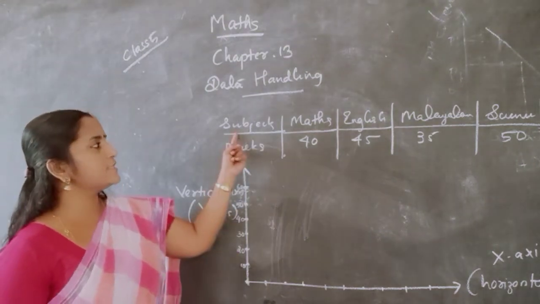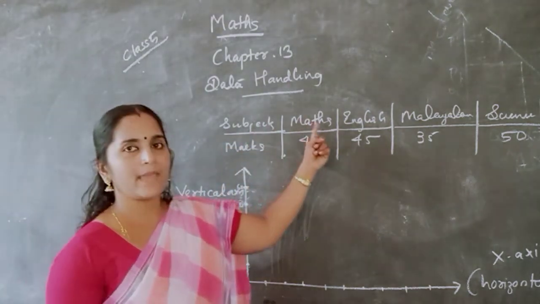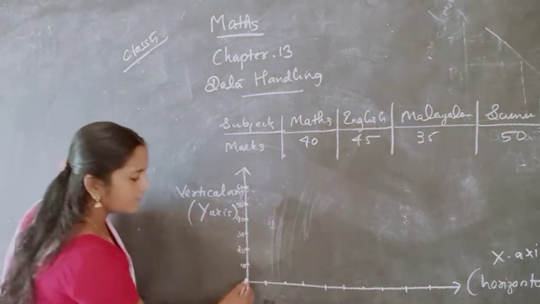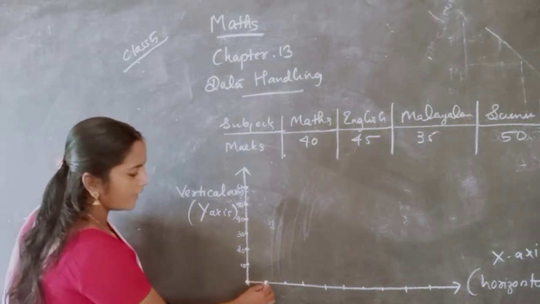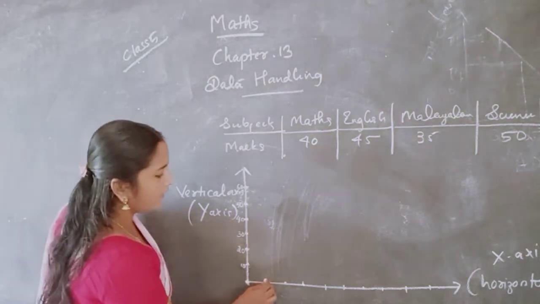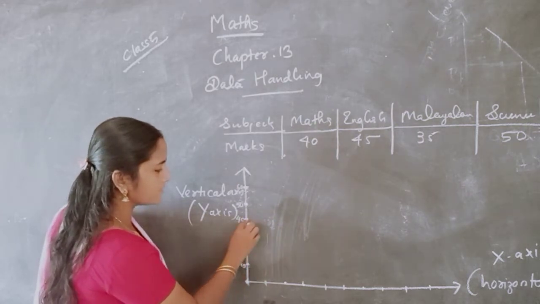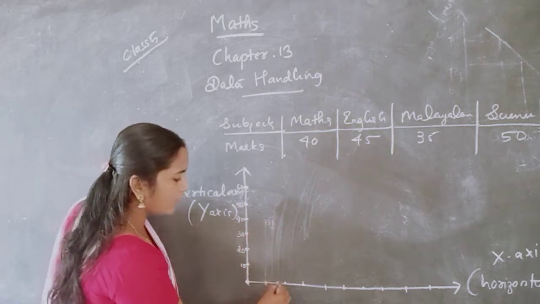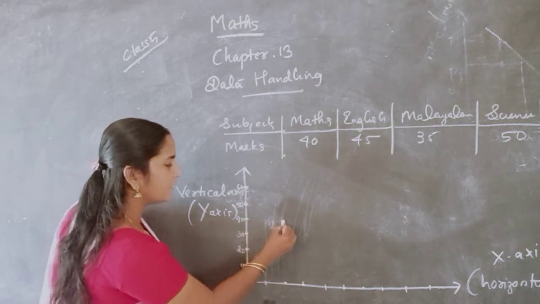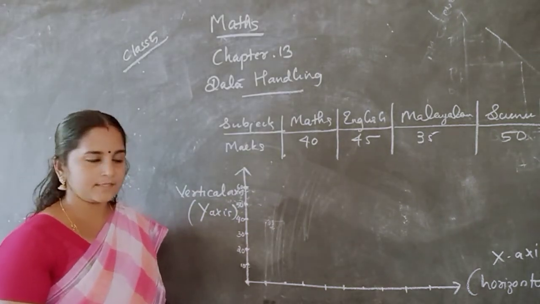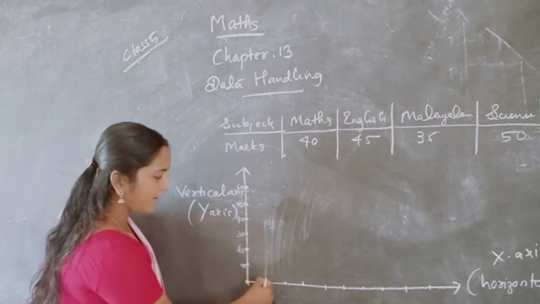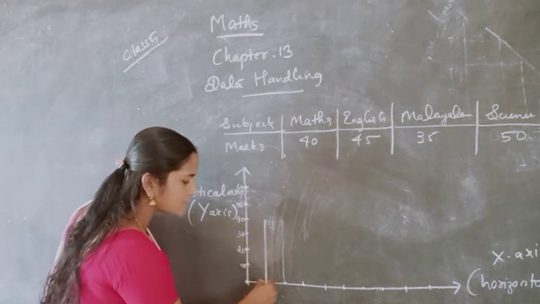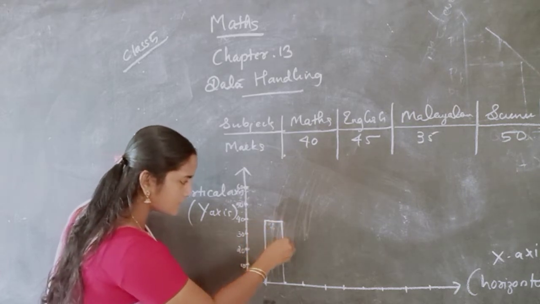The first subject is Maths and his score is 40. So leave 1 centimeter here and, using your scale, draw a rectangle of 1 centimeter width with height up to 40. Is it clear? You draw the rectangle using your scale and pencil only, like this.